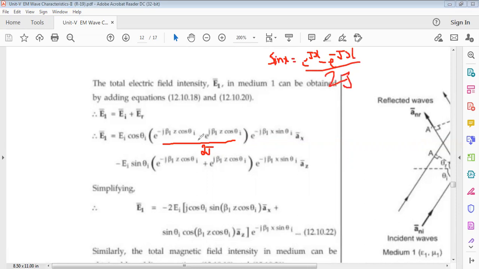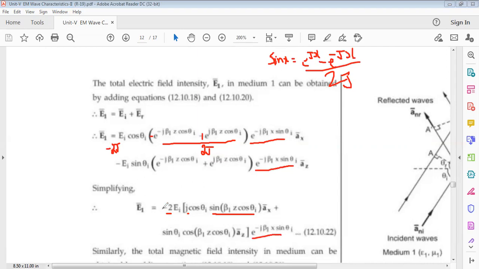Here the negative sign is on the positive exponential and the positive on the negative exponential, so take the minus 2 and the j, multiply and divide, then it becomes minus and this is a plus. So the total term is sin beta 1 z cos theta I, multiplied into ax bar, because both the functions e power minus j beta 1 x sin theta have a common term.